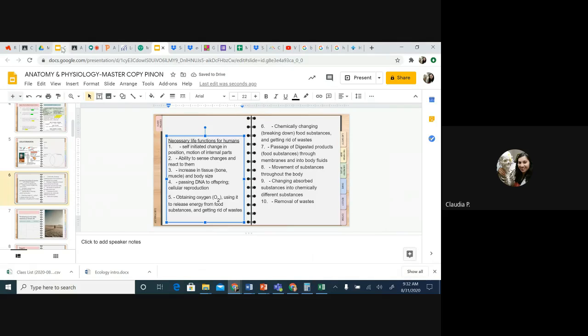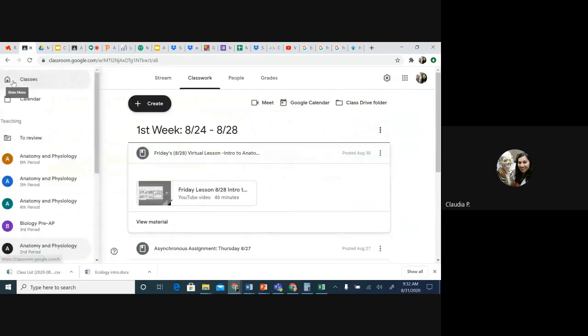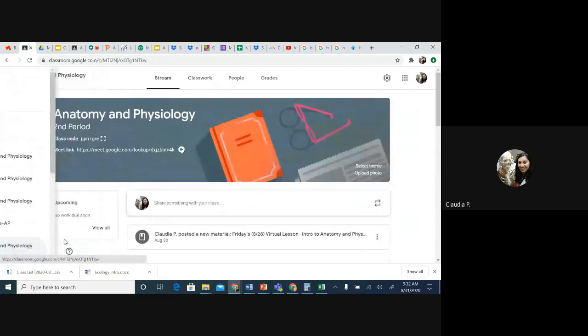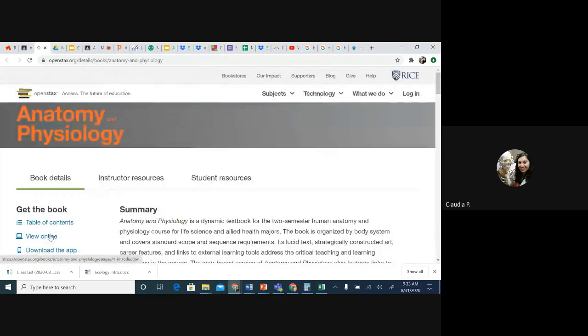Just to let you know, if you want more or additional information or you want to read up more on that, in your Google Classroom you have the book in the Bitmoji. So if you click the skeleton, right now I'm following the sequence of the book. So you go to view online.